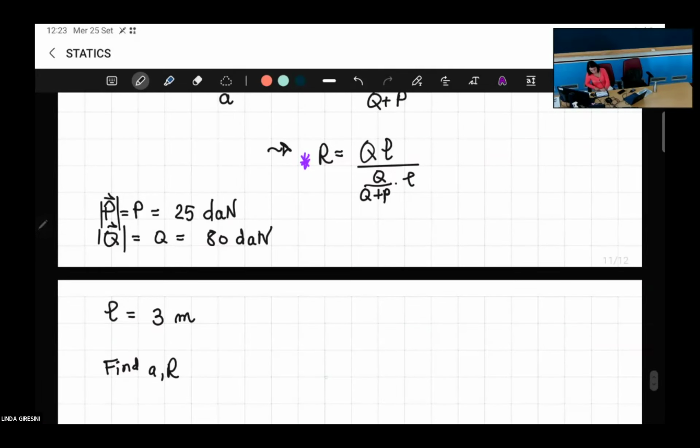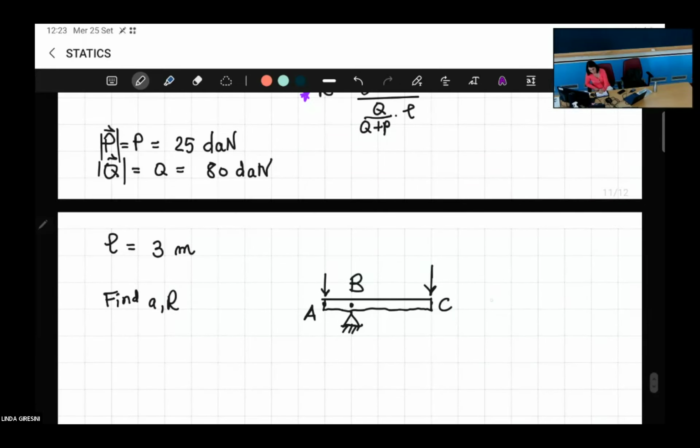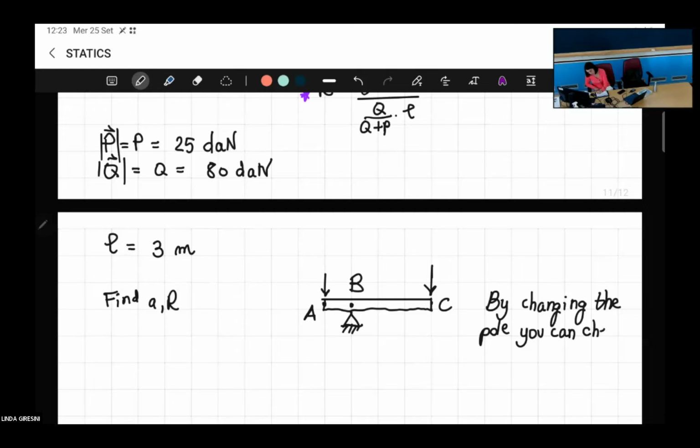So if the pole before was the left extremity, was A, you can check if your result is correct or not by, for example, choosing the pole as B or as C. So by changing the pole, you can check your result.